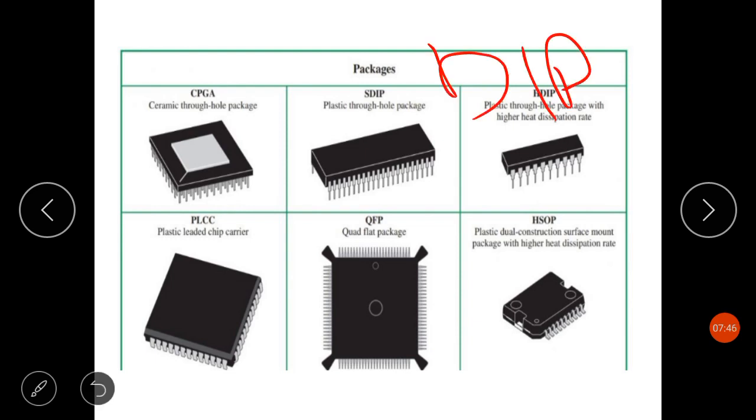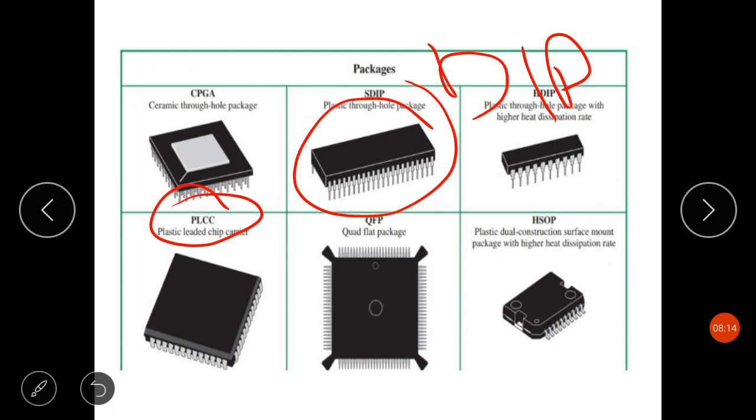It is often available as a 40 pin PDIP, that is plastic dual inline packaging IC. The other common packaging type is the 44 lead PLCC, that is plastic leaded chip carrier.